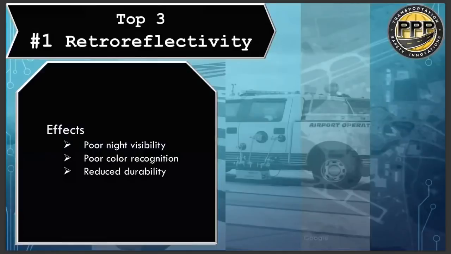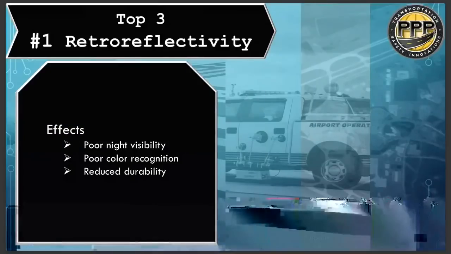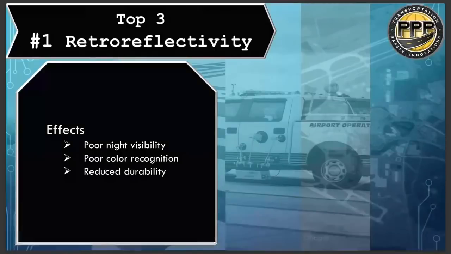That's not proper nighttime color, and it certainly affects color recognition. And then reduced durability. Greg hit that point too. Simply put, if a glass bead is not applied well, if it's not embedded properly, particularly if it's under embedded, meaning it's barely in the paint, it's going to come out, and that's going to affect its durability very quickly.